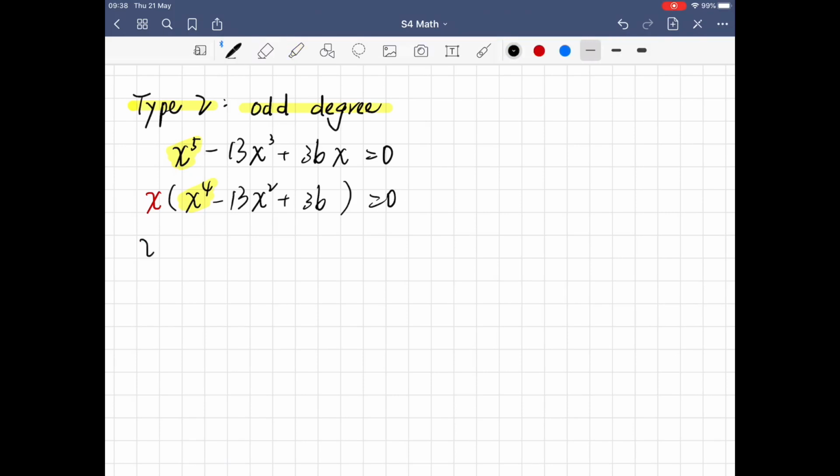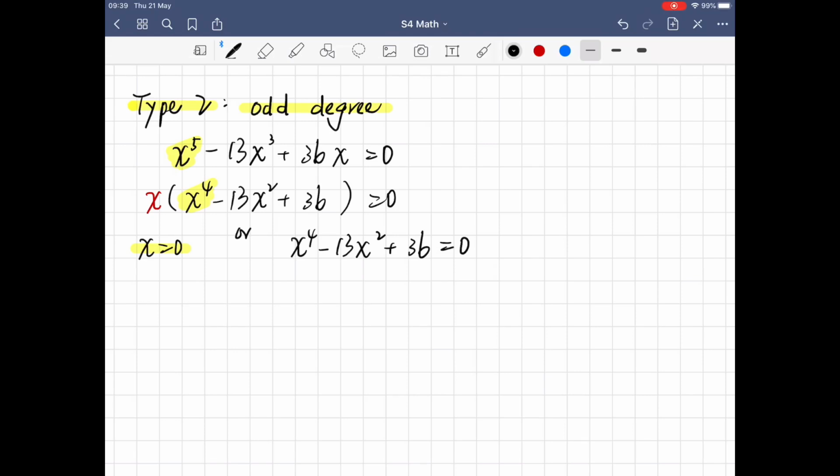Therefore, x is equal to 0 or x to the power 4 minus 13x squared plus 36 equal to 0. So it will separate into two parts, and x equal to 0 is the first answer. Afterwards we have to deal with the right hand side.